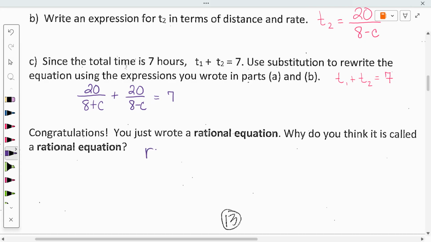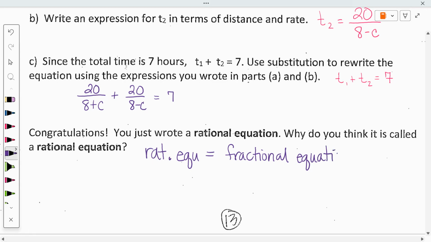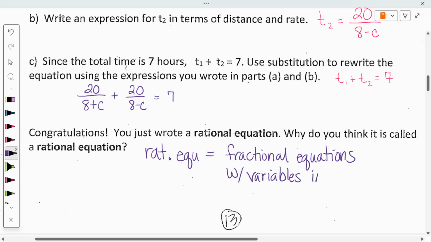So let's see. Rational equations are fractional equations with variables in the denominator.